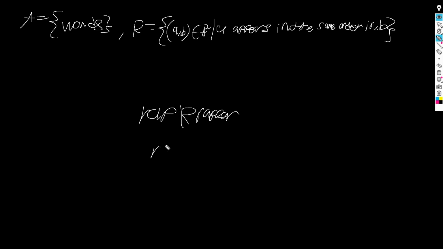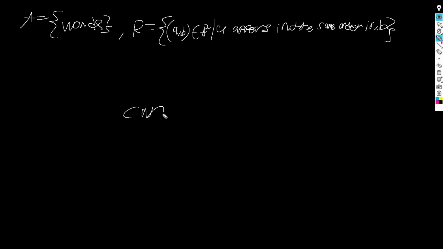But it is not true that rapper is, why did I put a D? R related to rap, because rapper does not appear in rap. So R is reflexive because, for example, rap is R related to rap. I hate saying rap so much. Let's do a different word.